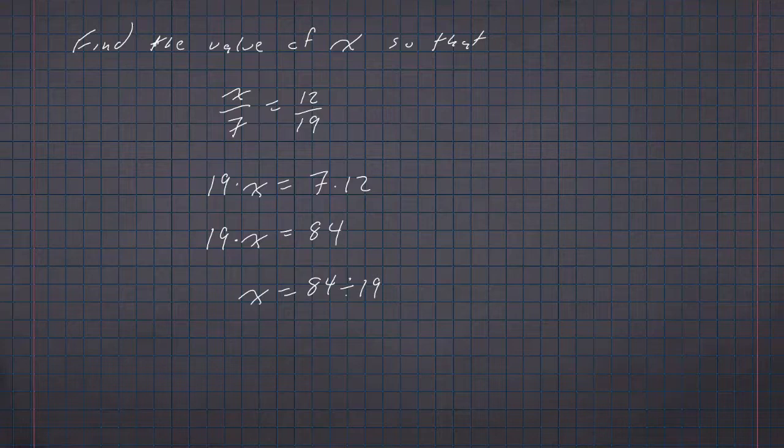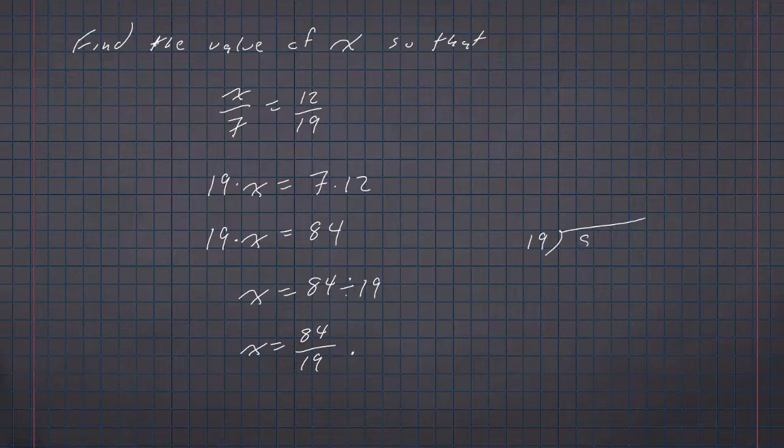84 divided by 19 does not work out evenly. In fact, it's a fraction that you can't really do anything with because 19 is a prime number. So I'm just going to leave that as x equals 84 over 19. If you really wanted to, you could write that as a mixed number instead. 19 fits into 84.